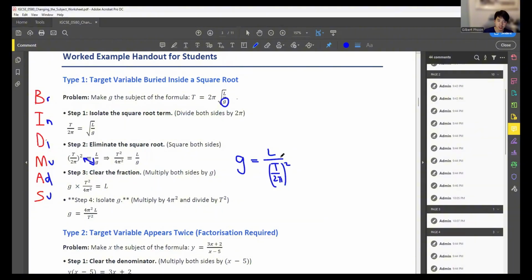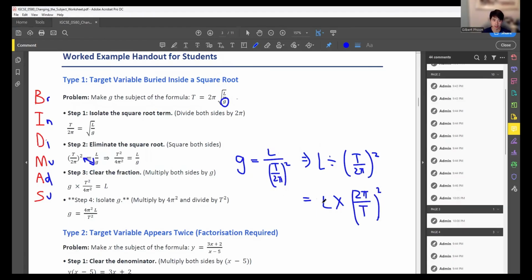But I can't really leave my final answer as l over a fraction. So I need to remember my initial basics, which is l divided by the square of 2 pi over t, which basically means l times the square of the inverted value, 2 pi over t squared.